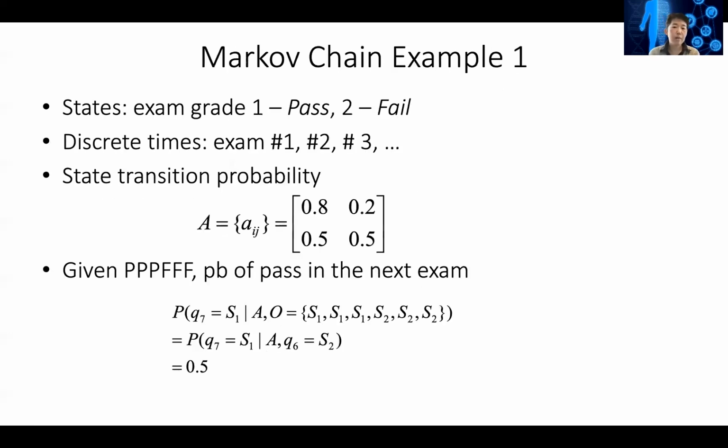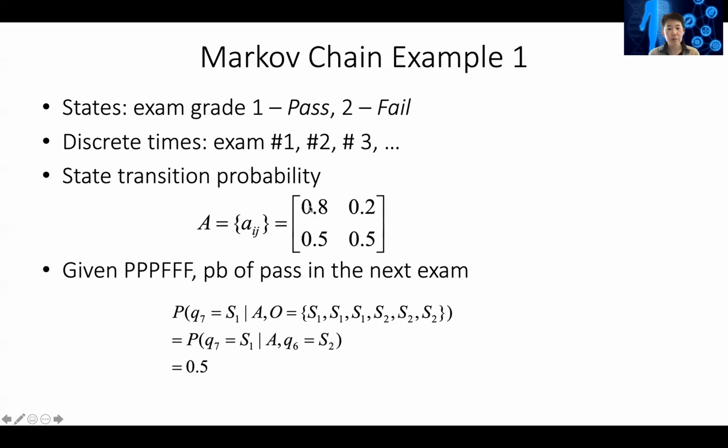And so in a Markov chain, we can imagine the following situation. So if we know a student has exam grade for the previous exam as a pass, the states could be just pass or fail. The discrete times would be exam 1, exam 2, exam 3, and so on. And imagine we have the following state transition.